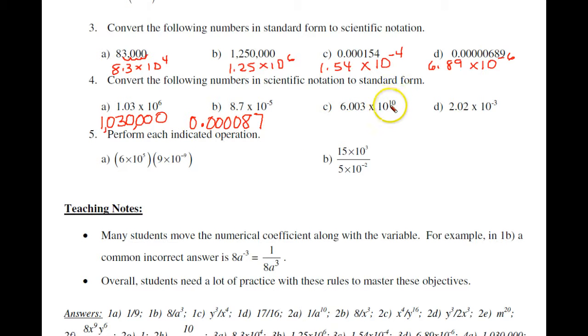All right, here I have to add 10 places. There's 3. So there's 3, and I had to move it 10 places. So how many zeros? 7. 1, 2, 3, 4, 5, 6, 7.